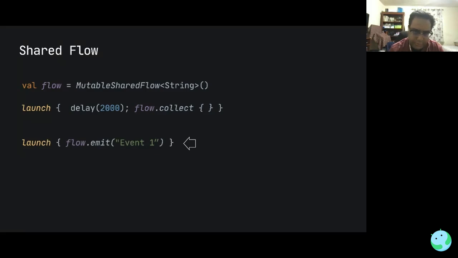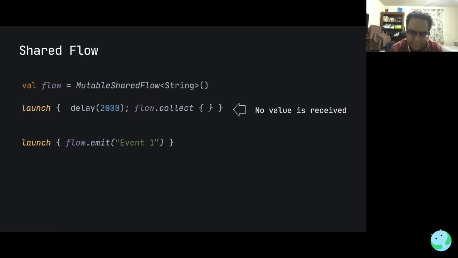As you can see here, I listen to the flow after this emission happens, not before it. So in this case, the question is, will I receive the value that was sent? When you start to collect from it after this delay, you'll see that you don't get any value back.